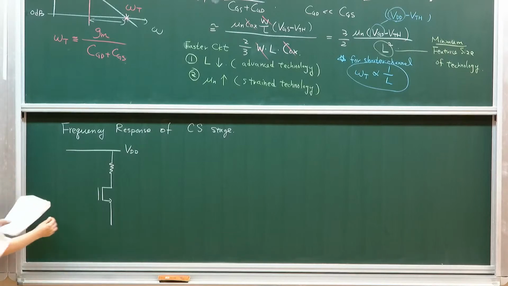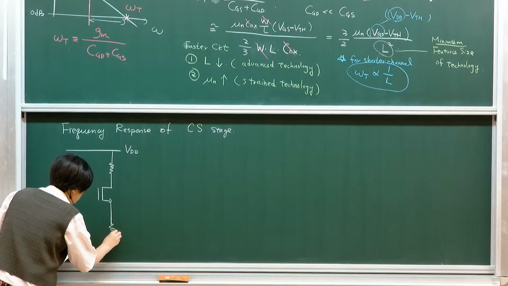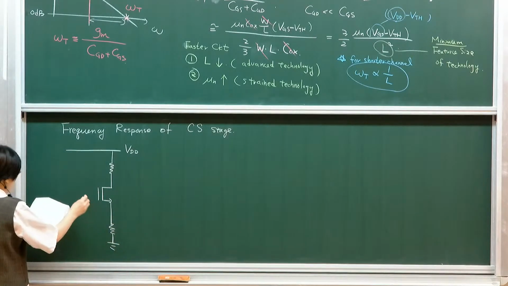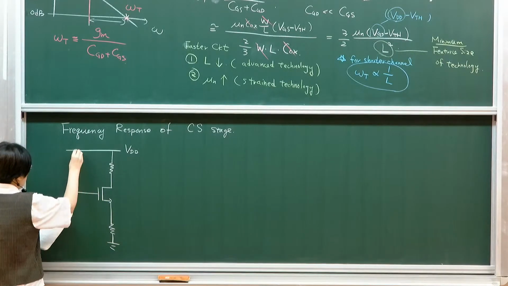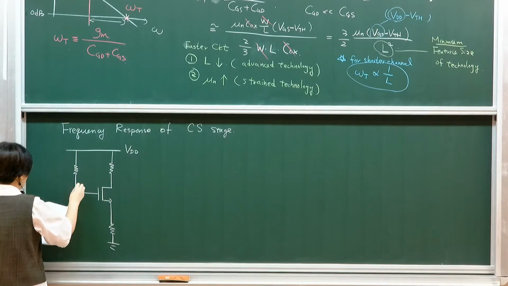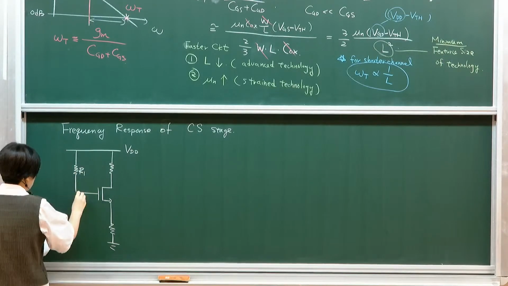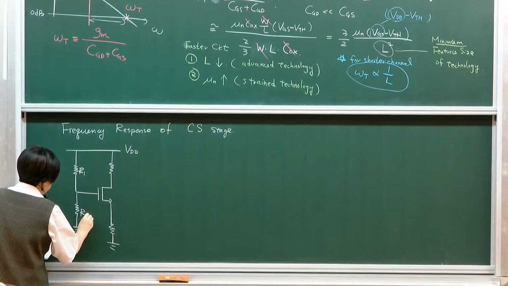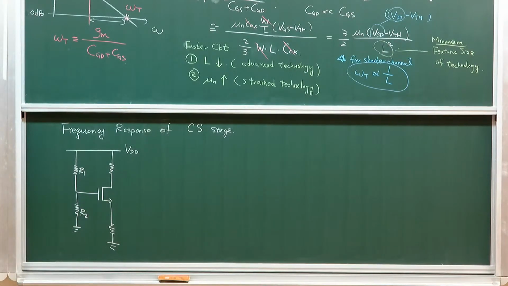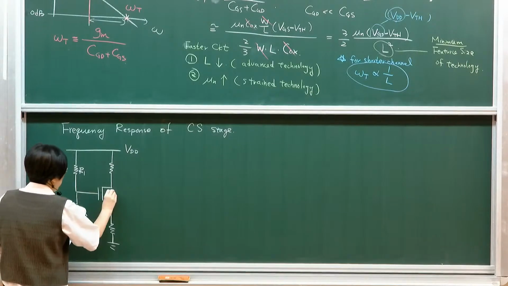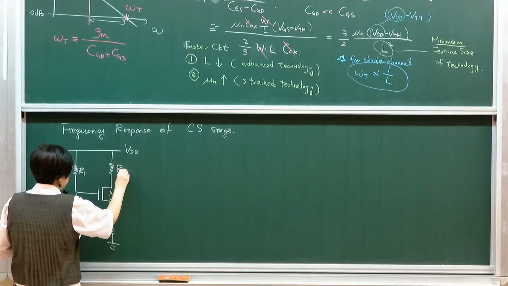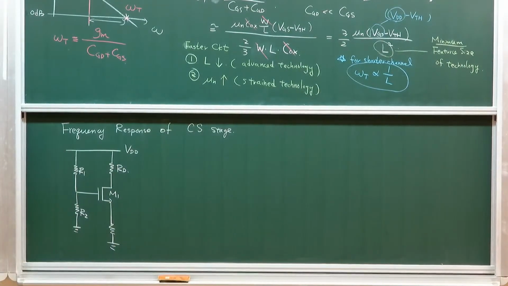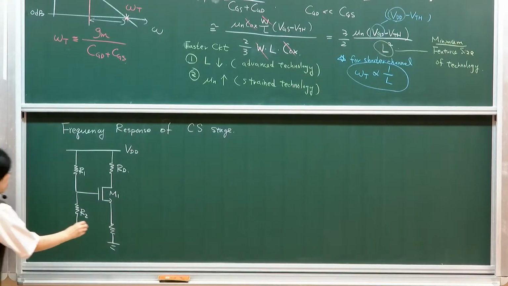We're going to start with a source degeneration example, and the circuit is biased by a resistive network so that we can have an input resistance set up. M1, RD. So once again, this is a simple common source stage with source degeneration.